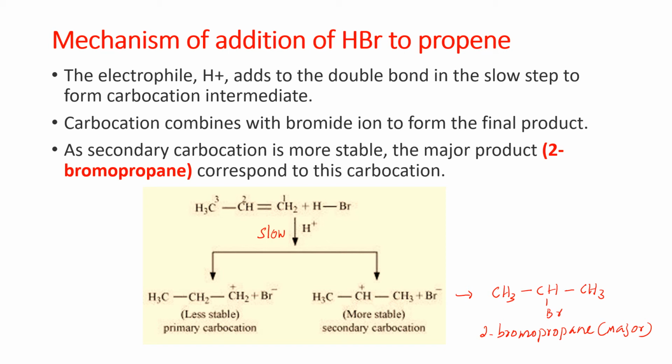And this is the fast step. The product corresponding to the less stable carbocation, that is CH3CH2CH2Br, is 1-bromopropane.